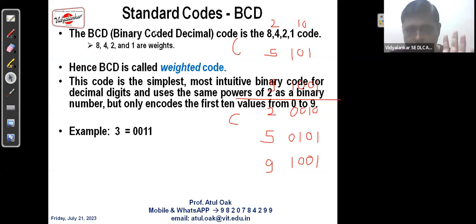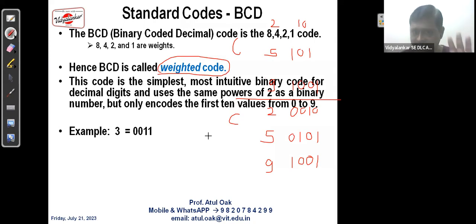Same examples I was talking about. Okay, now why is it called a weighted code? Observe this word. BCD is called weighted code. Why is it called weighted code? The reason is these 4 positions, that we always represent as 0, 1, 2, 3.